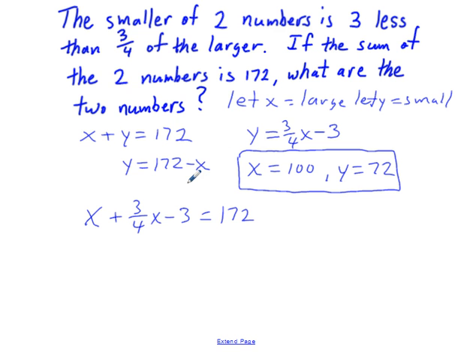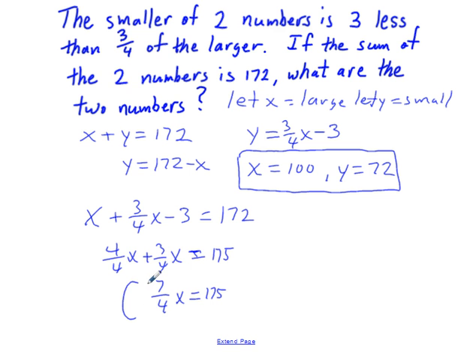And so if we can solve this equation, add 3, we get, well, I'm going to rewrite x as 4/4 x. And we've added 3, so we equal 175. And then we have 4/4 plus 3/4, that's 7/4 x equals 175.